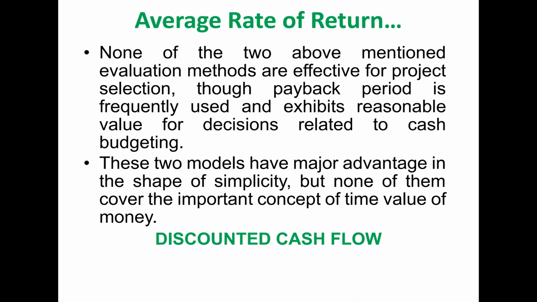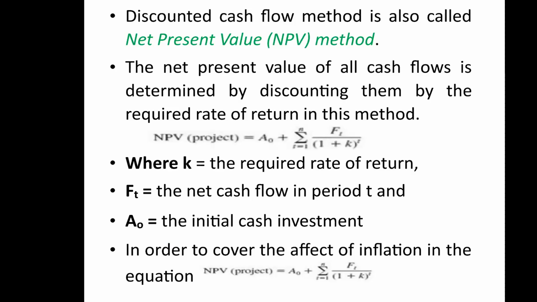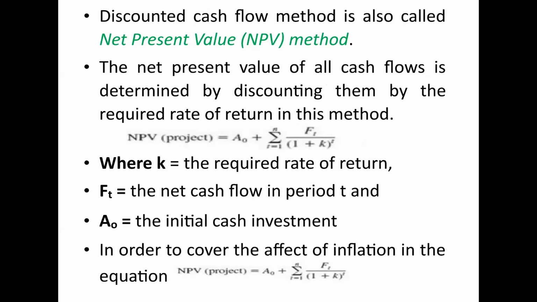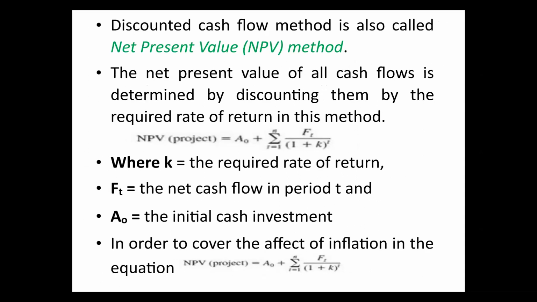What about the discounted cash flow? The discounted cash flow method is also called the net present value method, NPV, right? For example, the net present value of all the cash flows is determined by discounting them by the required rate of return, okay?